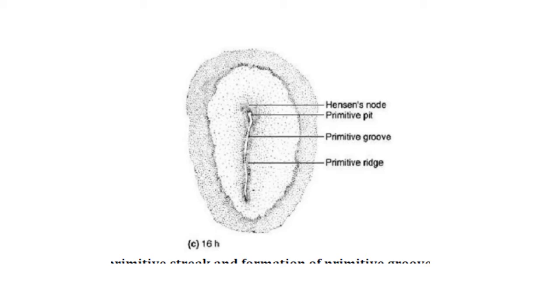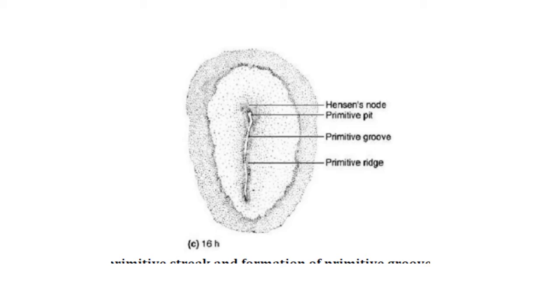The primitive streak has now grown, and ridges are formed on its sides, which are known as primitive ridges. When ridges are there, obviously a groove will be there, and this groove is called the primitive groove.